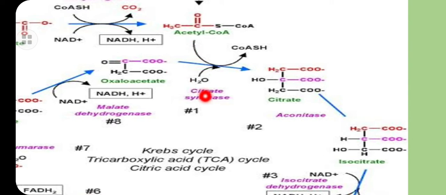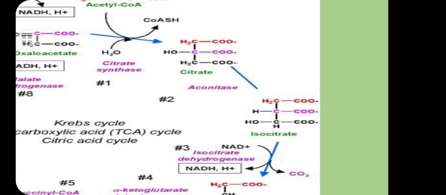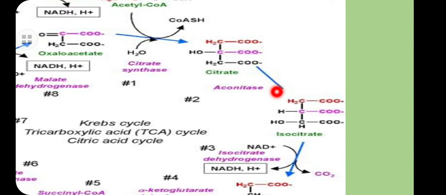The first step of the Krebs cycle is condensation of acetyl coenzyme A with oxaloacetate, which is a 4-carbon molecule, producing the 6-carbon molecule citrate in the presence of the enzyme citrate synthetase. The second step is conversion of citrate into isocitrate in the presence of the enzyme aconitase. Citrate and isocitrate are isomers of each other.